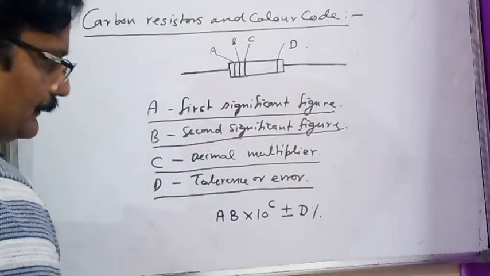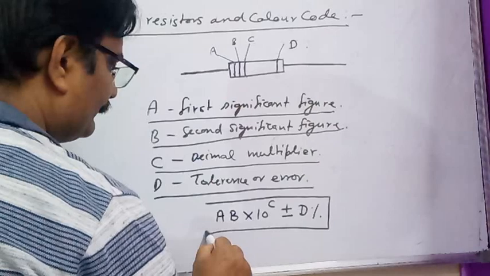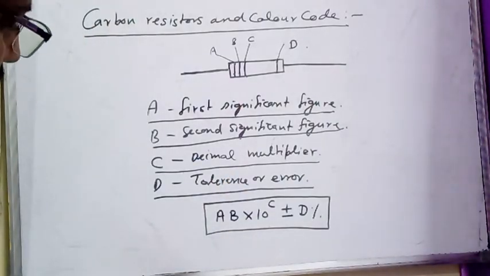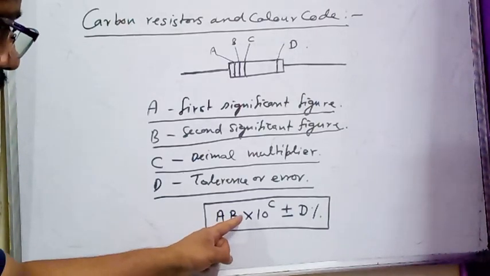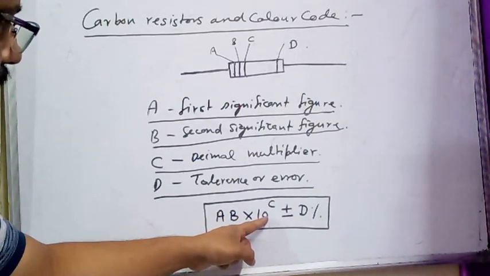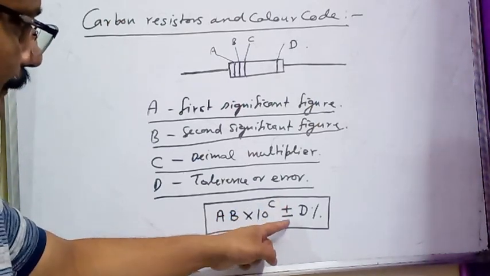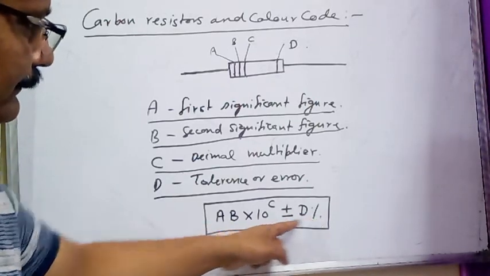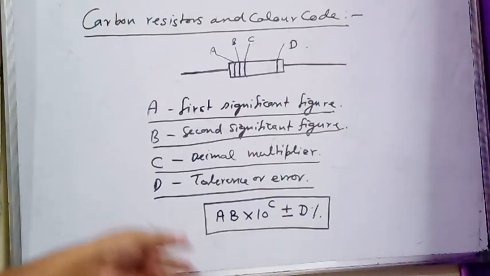This is the formula to read the value of resistance: first significant figure, second significant figure, into decimal multiplier or power of 10, plus or minus tolerance level or error in the value of resistance. So using this formula we can calculate the value of the carbon resistor.